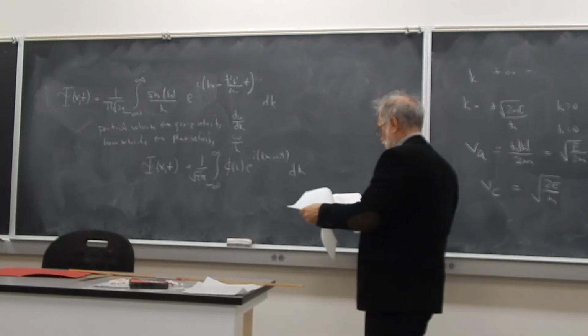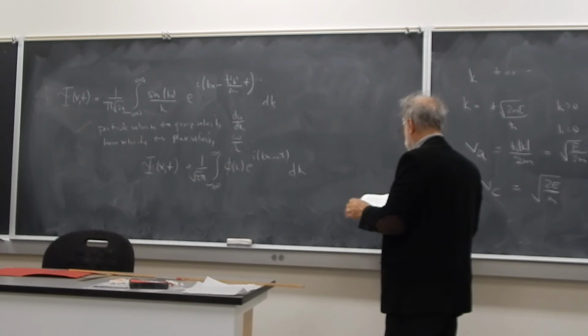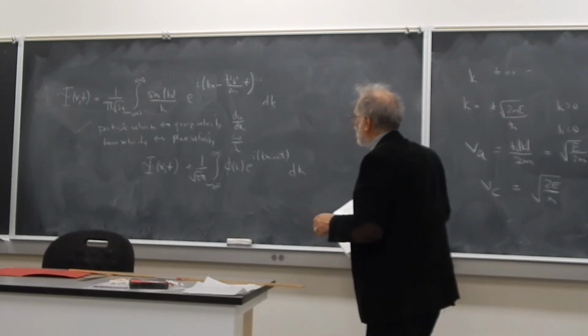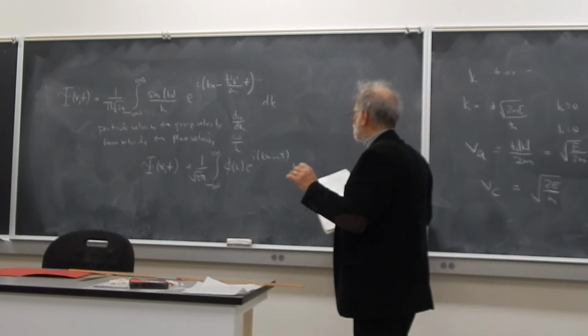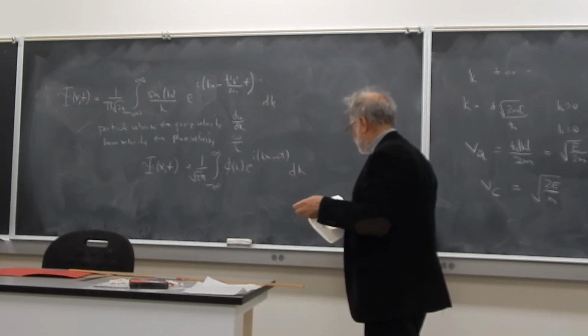Well, suppose phi of k is just a narrowly peaked function, maybe peaked about some value k naught. If it's narrowly peaked about k naught, the integral will be negligible unless we're in a region near where k is equal to k naught.